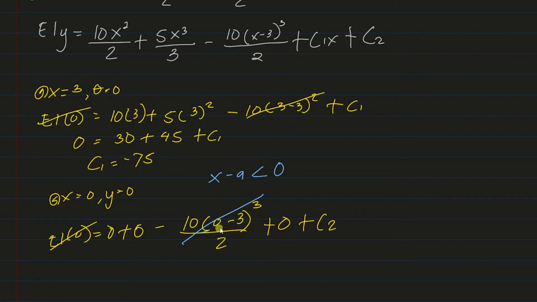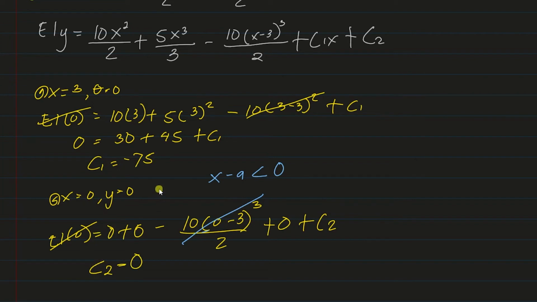However, ito kasi, 0 minus 3. 0 minus 3 is a negative number, right? Kasi negative 3. Ay, gugulo ng utak ko, sorry. Ayun, tama. So, x minus a less than 0, ibig sabihin, we don't include it. So, cancel that out. Therefore, dito, C2 is equal to 0. Okay?